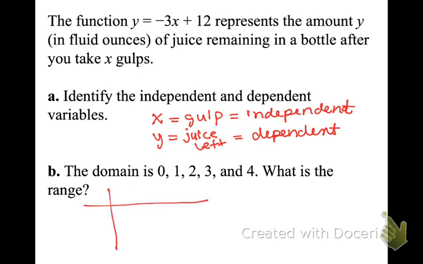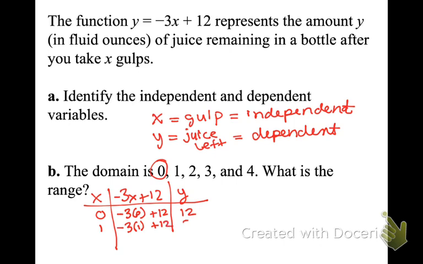So, -3x plus 12 is y. So when x is 0, we have to use all of them. -3 times 0 gulps, there will be 12 ounces. When there's 1 gulp, there'll be 9 ounces.